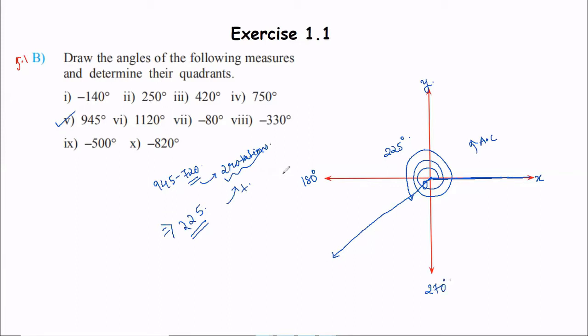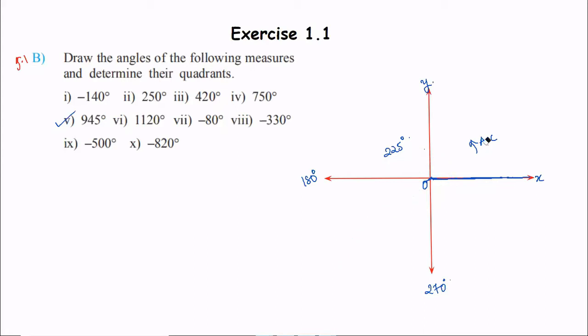That is 225. Now let's plot 1120. Let's think over 1120. The nearest multiple I find for 1120 is 3 times 360, right?